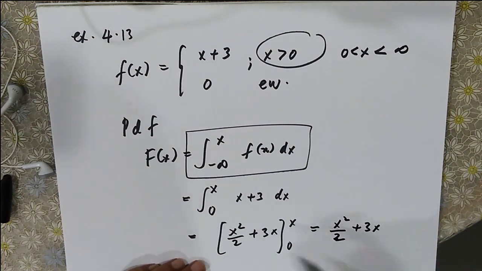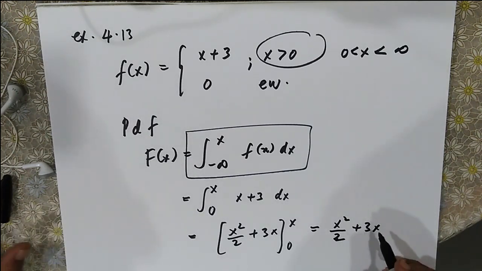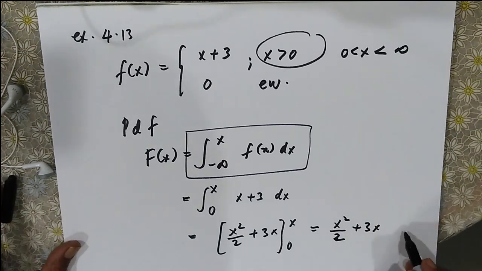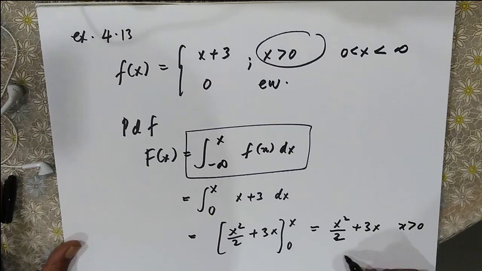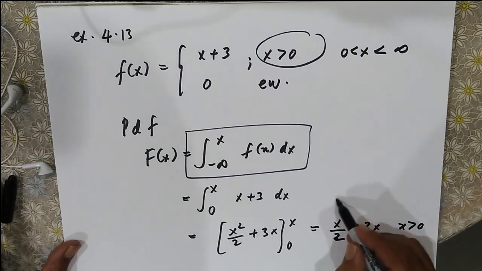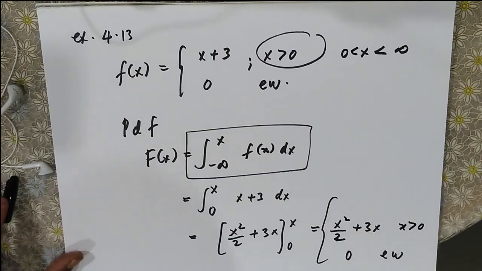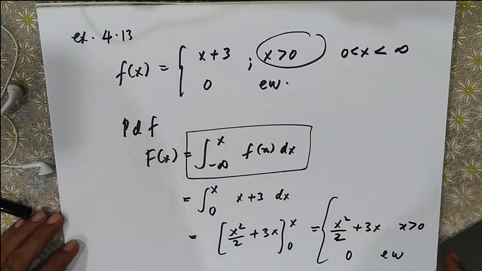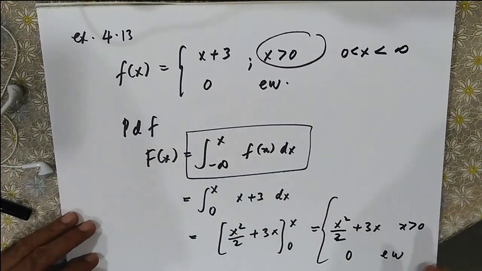This is my probability distribution function, for x greater than 0, and 0 elsewhere. And this is how we write it for the given function above.